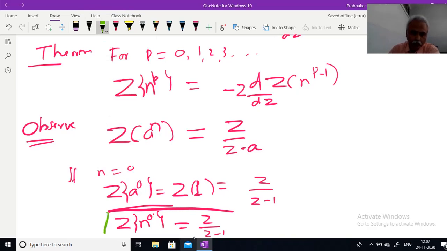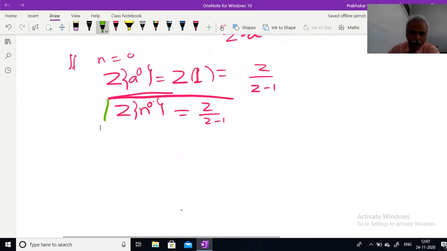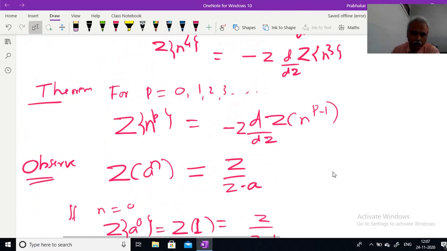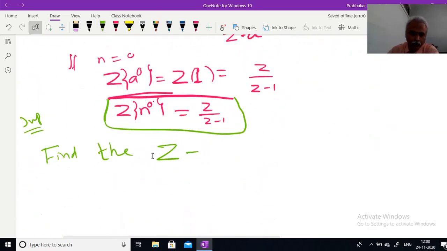Using this n raised to 0, I find Z transform of n raised to 1. So quite important: if you remember this, you can find all these examples.